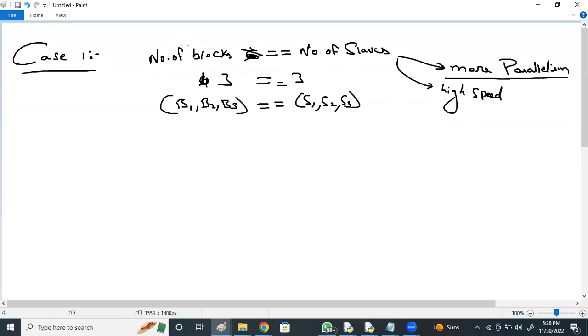Here, I'm taking a file f1.txt, the size, assume it's 192 MB. Default block size equal to 64 MB.